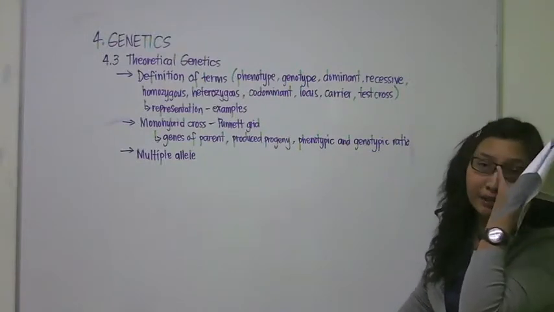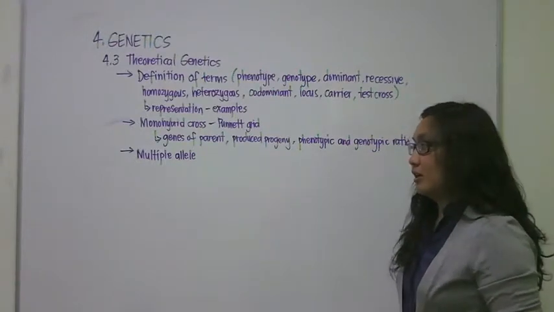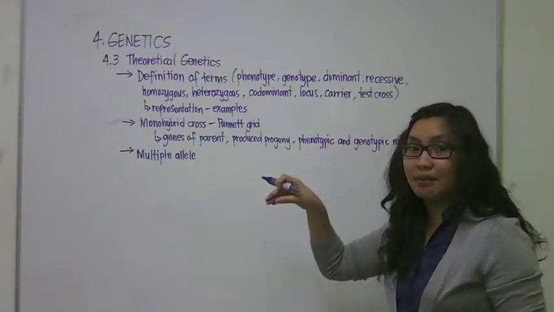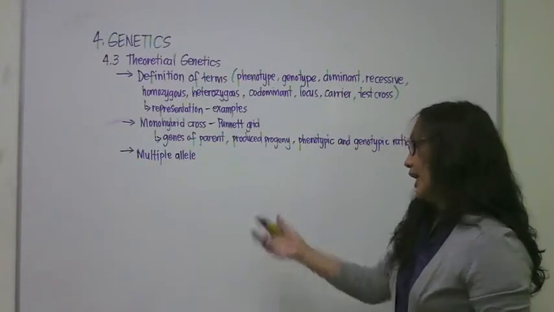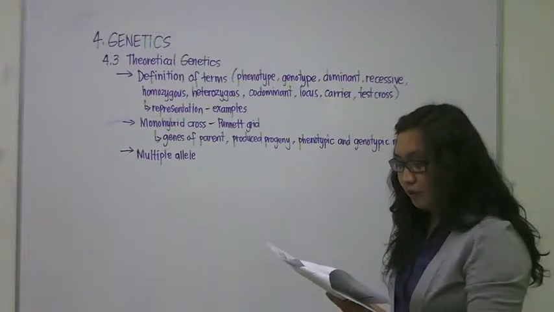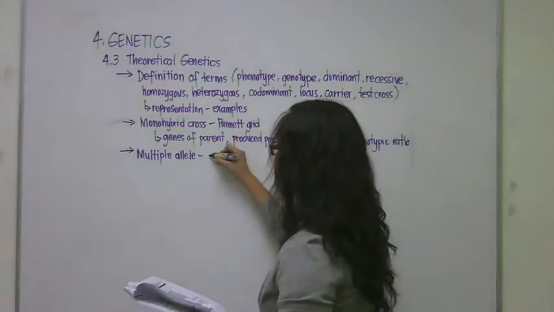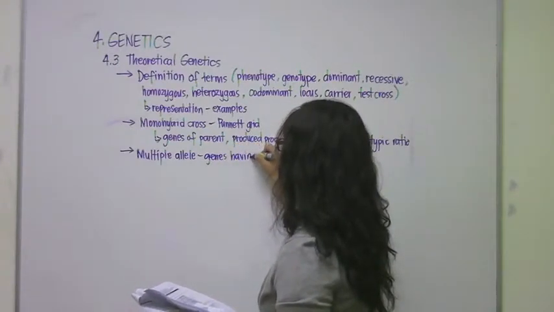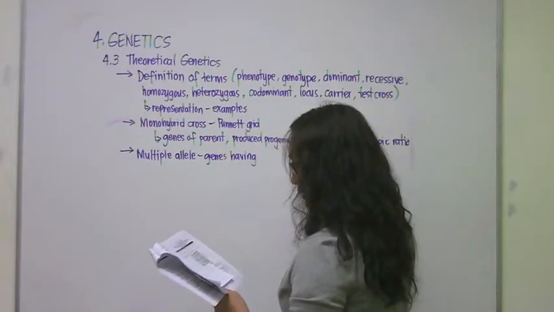There are also characteristics that are actually controlled by 3 types of alleles, but it's just a single type of gene. So we can refer to that as multiple alleles. So, genes having more than 2 alleles.